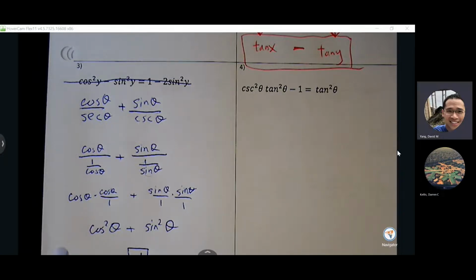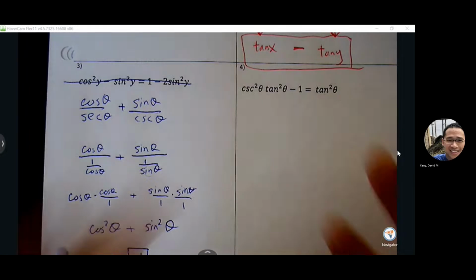Let me do one that involves like a trinomial factoring, where you have to get... okay, let's try this one here.